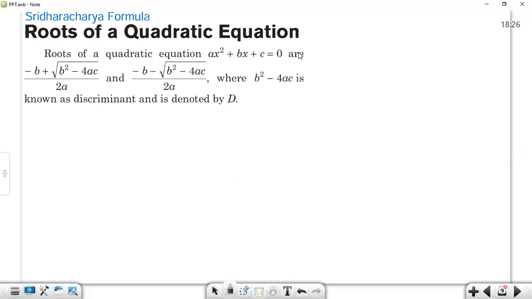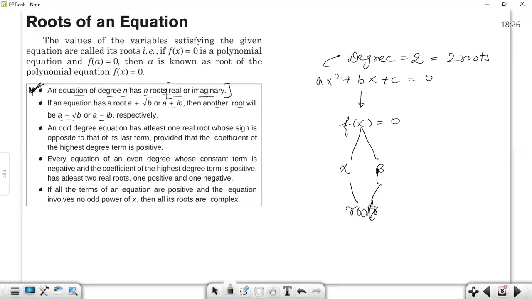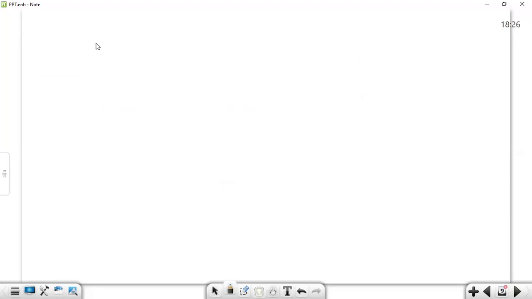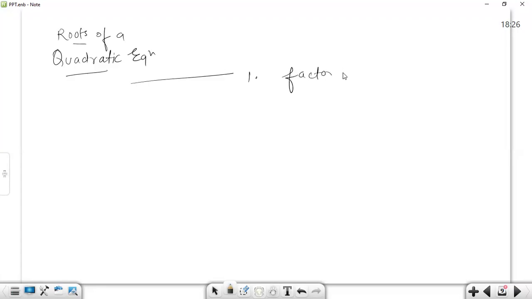For finding the roots of a quadratic equation, there are two methods. One is basic factorization, basically observation. The second one is Sridharacharya formula, which is the ultimate.